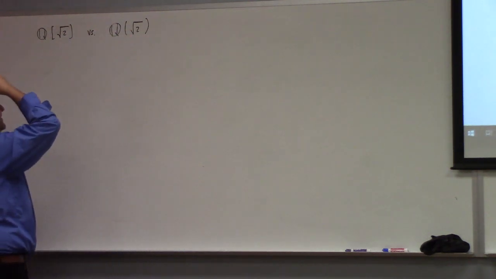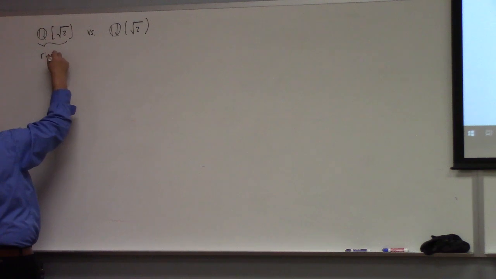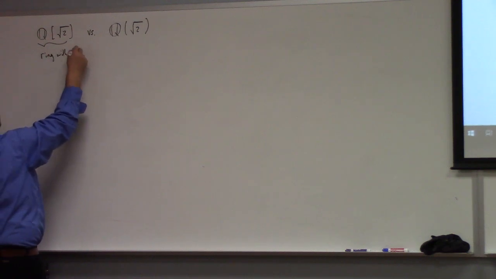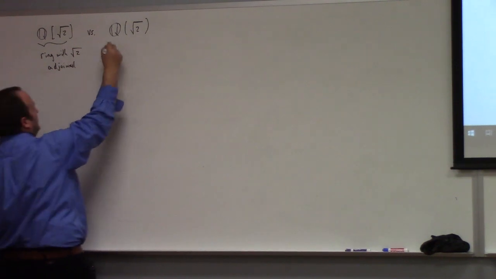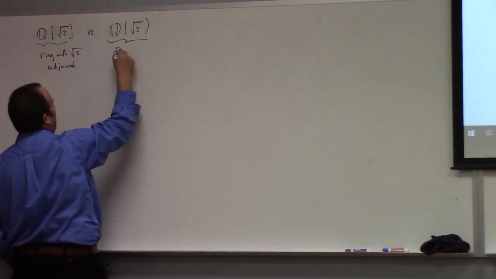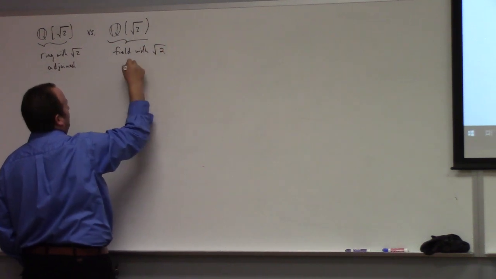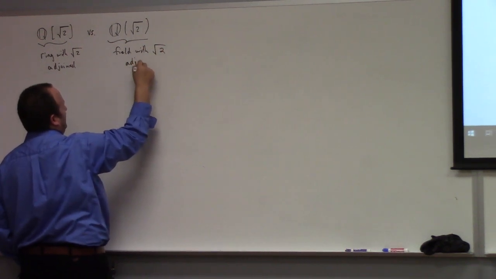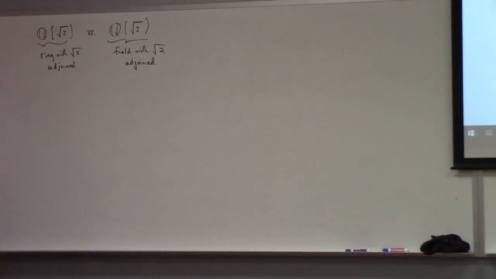What this would be is the ring with the square root of 2 adjoined. This would be the field with the square root of 2 adjoined. But the thing is, we have proved that if you adjoin the square root of 2, you automatically get a field, so these are equal.